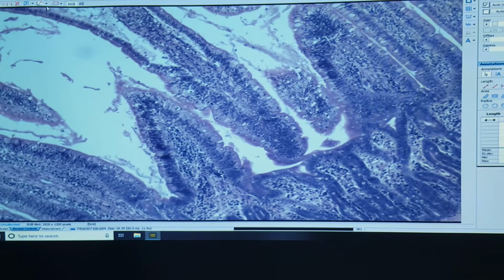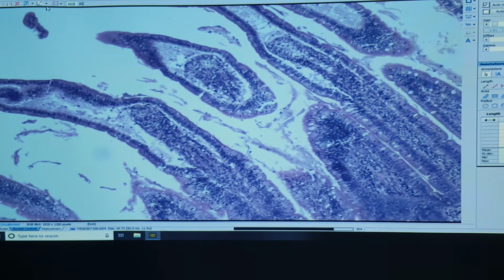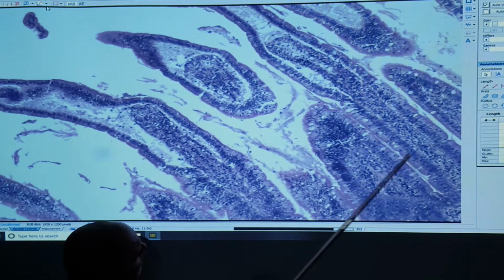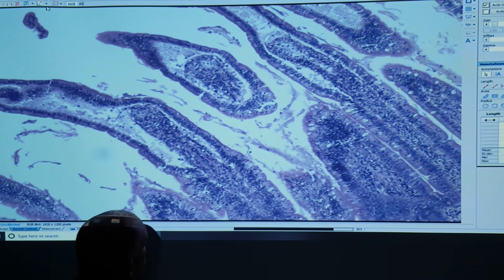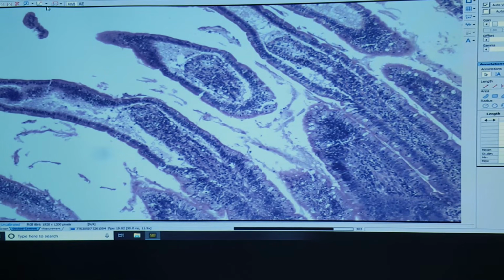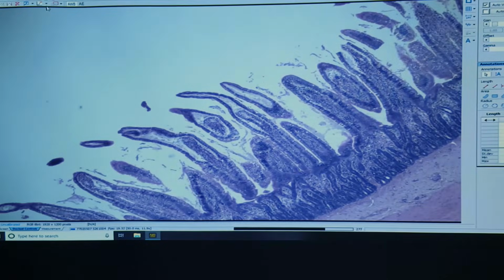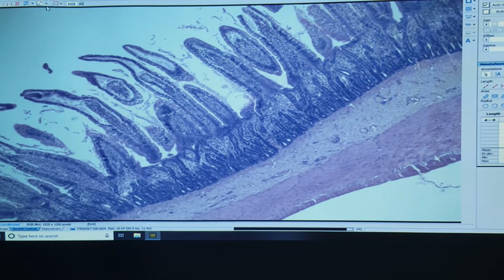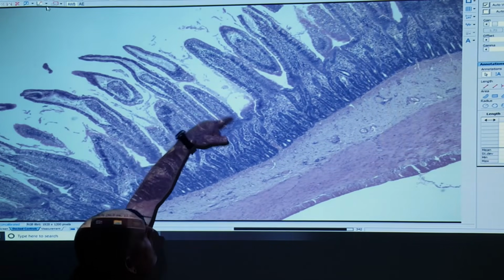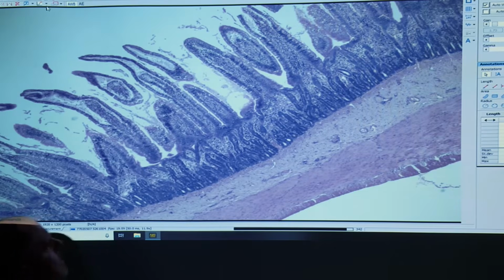You can see also characteristic in small intestine a higher frequency of goblet cells in the epithelium here than I would see with the stomach. If I go back to this standard magnification, I think you can still see those smattering occasional goblet cells.